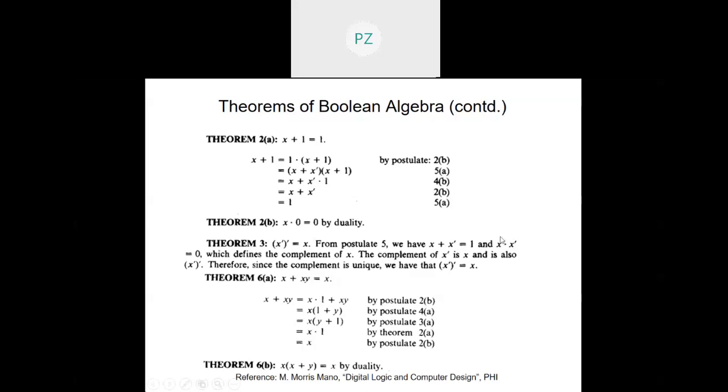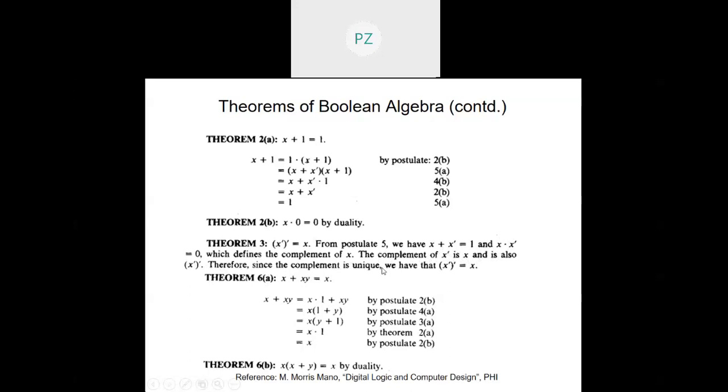So this means that not only x dash is the complement of x, but also x is the complement of x dash. So by definition, the complement of x dash is x by these two definitions, and by notation, the complement of x dash will be x dash dash, right?